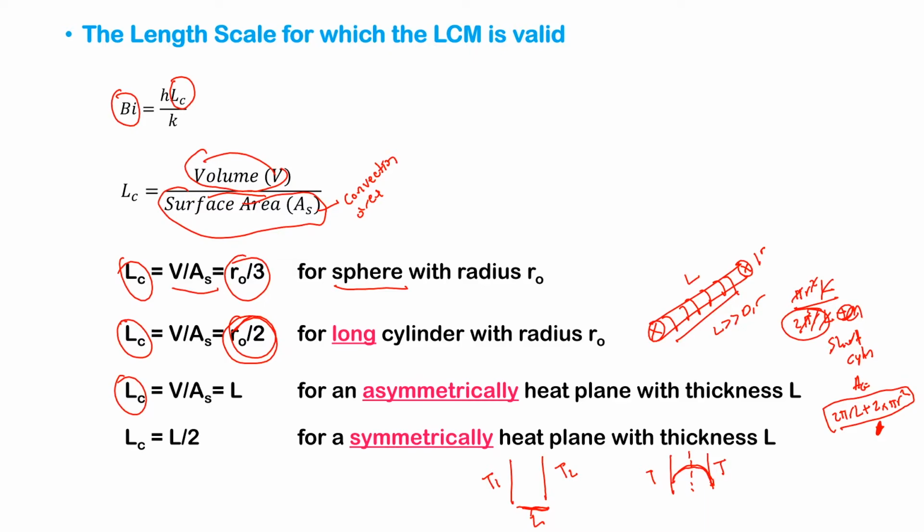So in this case, we'll be using L over 2 as the critical length. Okay, this is a small nuance that we must pay attention to. If the boundary condition is asymmetric, so temperature 1 is different from temperature 2, we'll be using the full length for calculating the critical length. But if it's a symmetric situation, both sides at the same temperature, then we'll be using half. This is just the convention for this type of analysis.